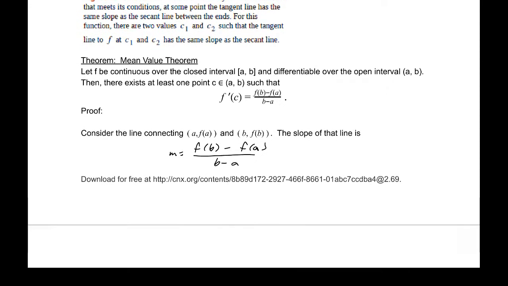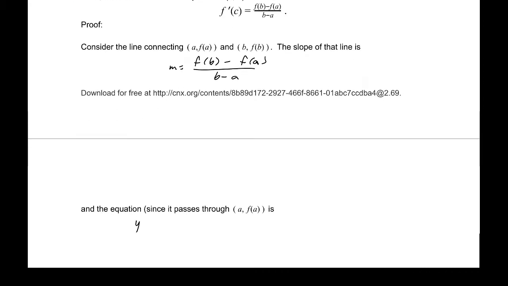So the equation of that line, getting y alone, is y equals f of b minus f of a over b minus a times x minus a, plus f of a.